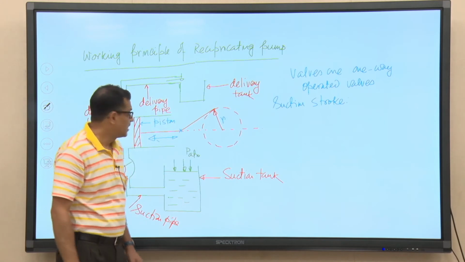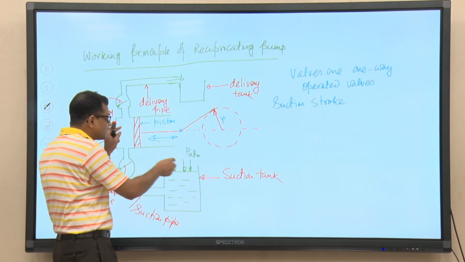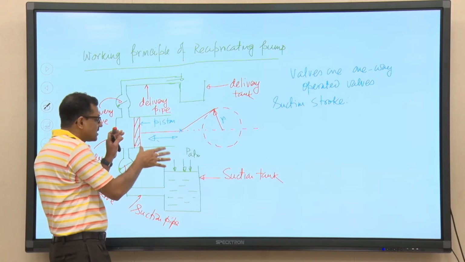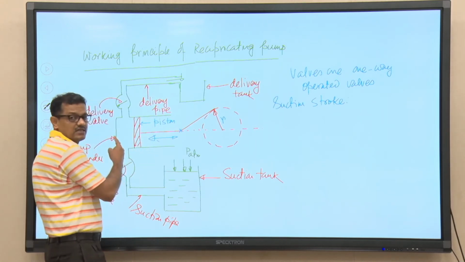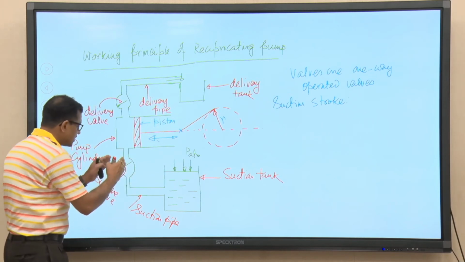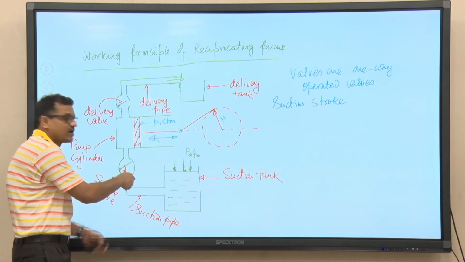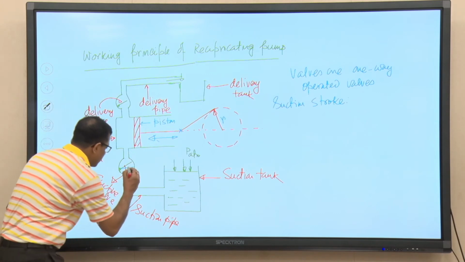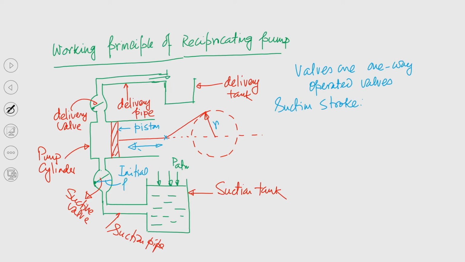That pressure is now responsible for a pressure difference between the suction tank and the cylinder, and the driving pressure difference allows the valve to open in this direction. So, these are one way valves. The natural tendency of the valve will be to remain seated over here. So, this is basically the valve location, the initial valve position.